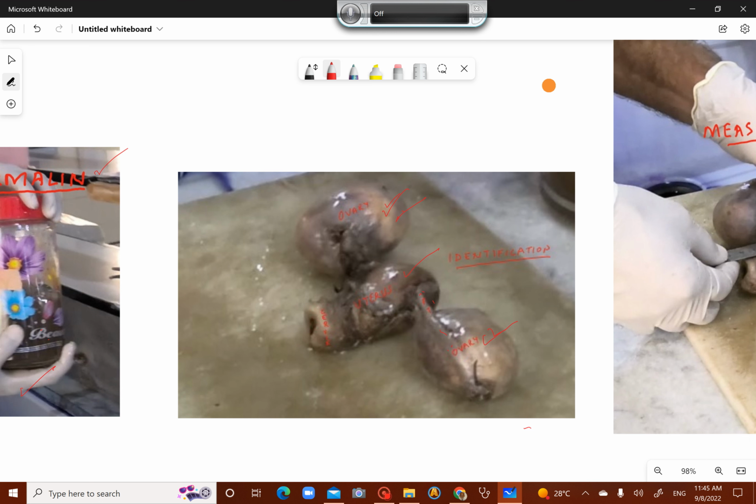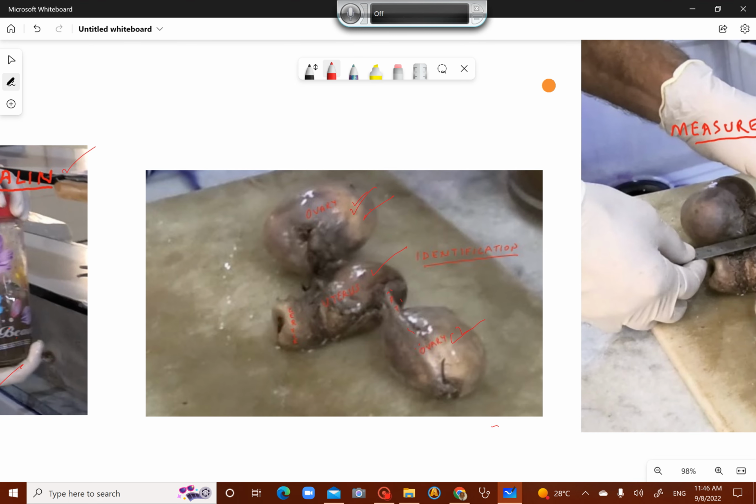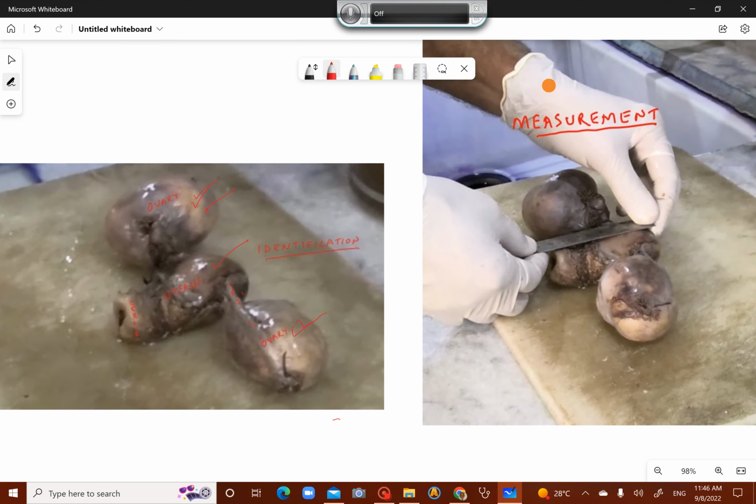So the more clinical information you have from a clinician, from a surgeon, the better a pathologist would be able to give a diagnosis. So that is very important. So after you've identified this organ and gone through the clinical information, the next step would be measurement.